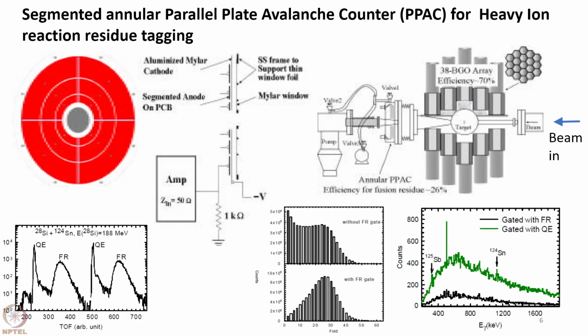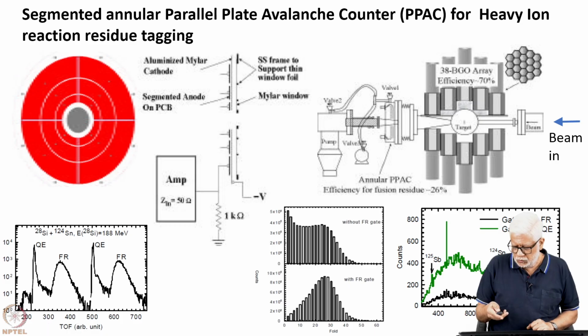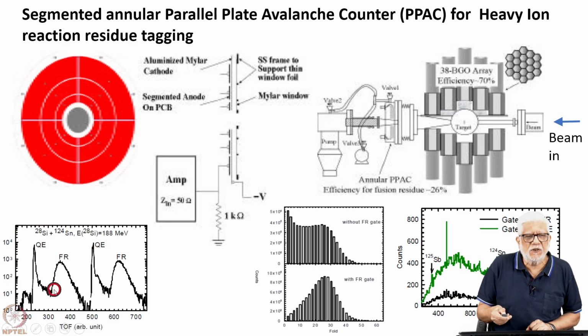Okay. This is an example of a so-called parallel plate avalanche counter. This is the cross-sectional view and this is the front view. This is something that we made for measurements in the Pelletron Linac facility at TIFR in Mumbai, and basically it uses the time of flight principle to tag so-called quasi-elastic events, which means events where in this particular reaction, silicon plus tin, things which are close to silicon come into the detector, but we are interested in evaporation, the process where this goes to 152 samarium, and then that evaporates a few particles.